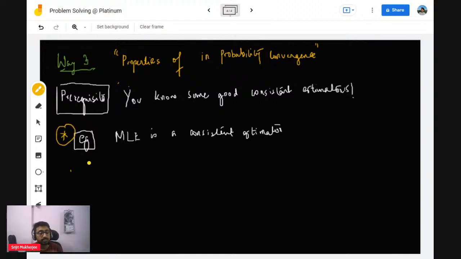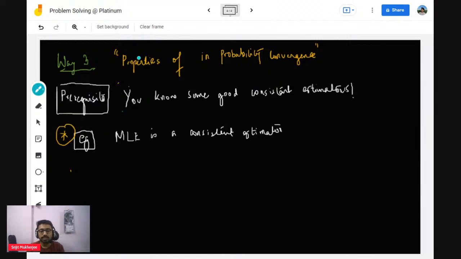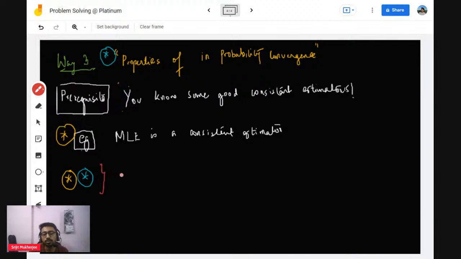Using this and the results of convergence in probability, you can find new estimators, new theta hats, which are consistent, which converge in probability to theta.